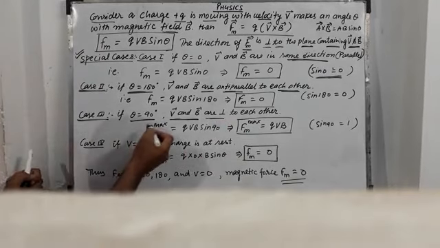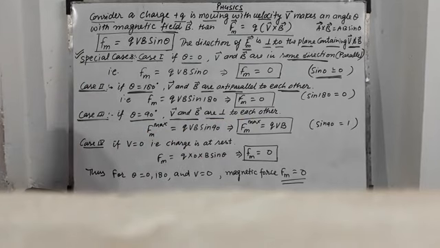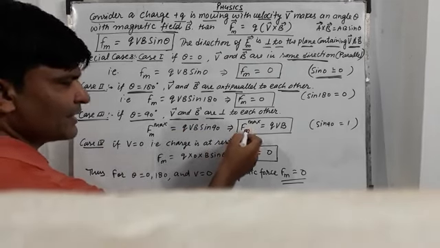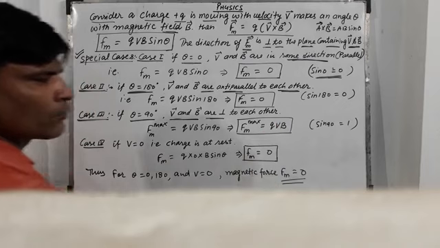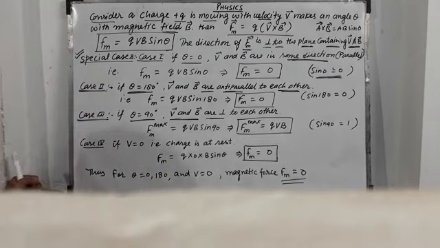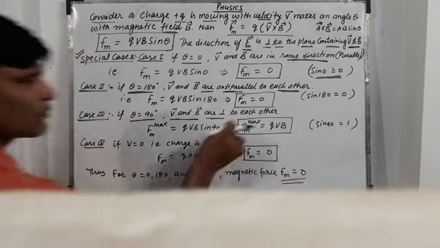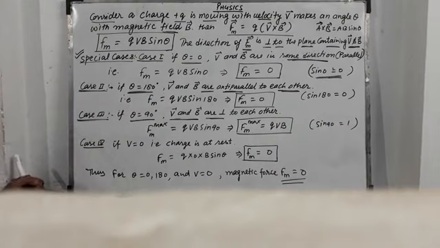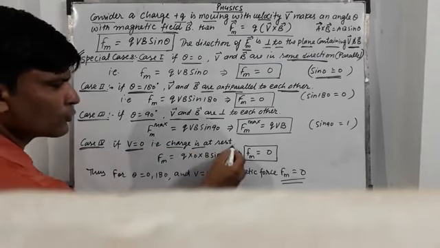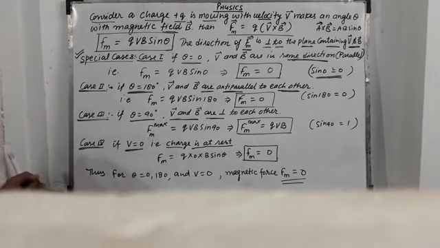Then we get the maximum magnetic force, that is qvB sin 90, and this represents Fm maximum is equal to qvB because sin 90 is equal to 1. Now case 4: if v is equal to 0, means the charge is at rest. Charge is not moving.